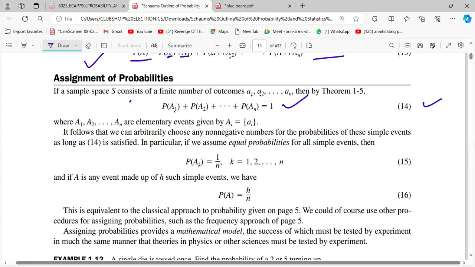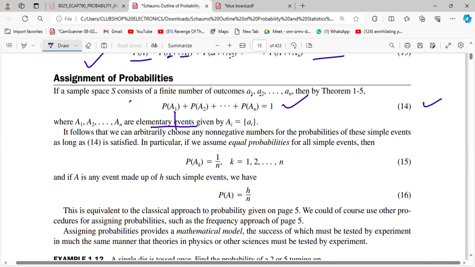And if you remember about elementary elements, you can call them simple elements. They are elementary elements or simple elements. And what are elementary events? If you remember in the first lesson, we said an event consisting of a single point is called a simple or elementary event. So these are single points.